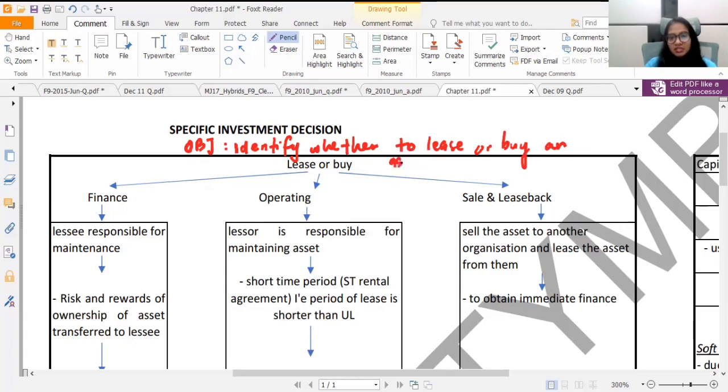Okay, that means if you don't have enough capital to support long-term buying of the asset, then the next best thing that you can do is lease. So you also need to know what the difference is, or what the advantages of leasing are as compared to buying.